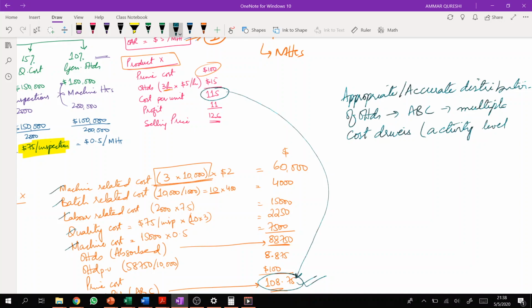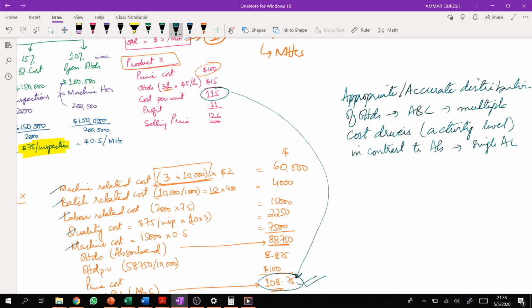We use multiple cost drivers or multiple activity levels, which is in contrast to traditional absorption costing, where we just use a single activity level for the distribution of the overhead. So this is the first reason.